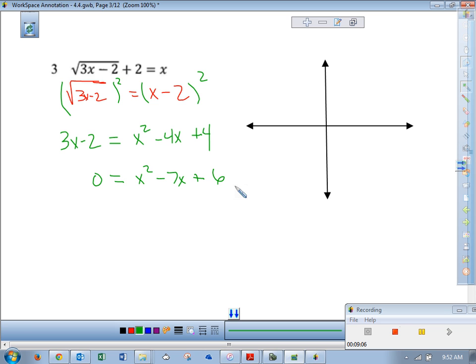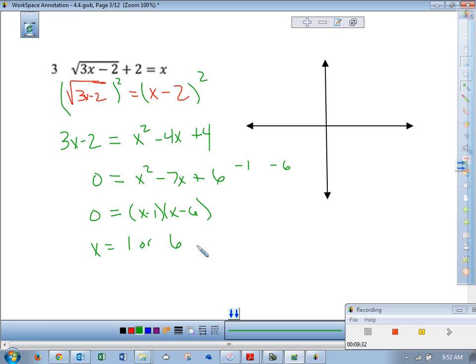Trying to find two numbers that multiply together to be 6, add together to be -7. So that means that the two numbers both have to be negative. I'll bet that's -1 and -6. So that would equal x minus 1 times x minus 6, where x equals 1 or 6.